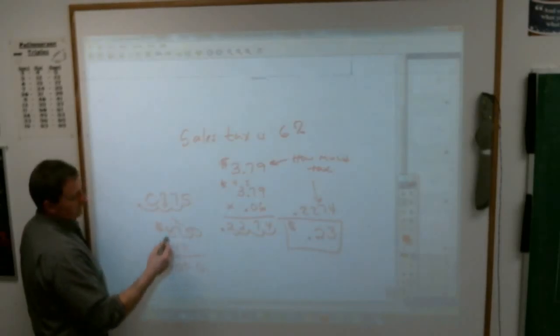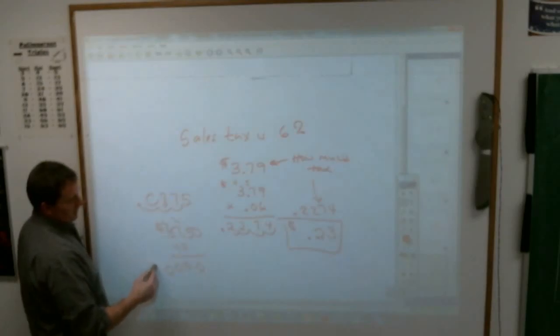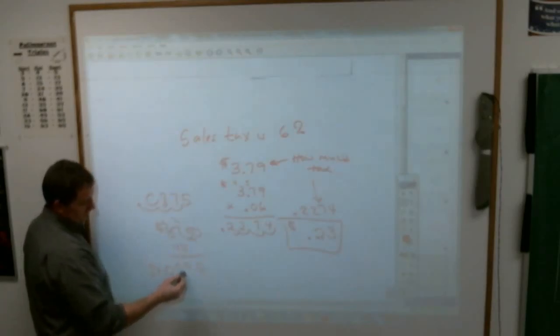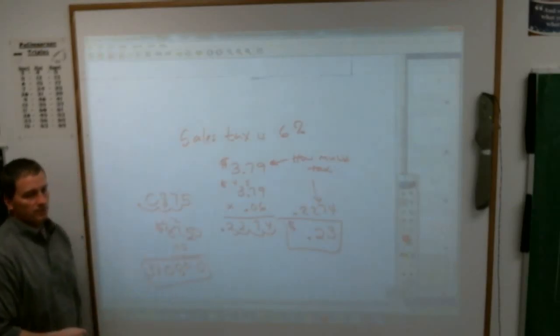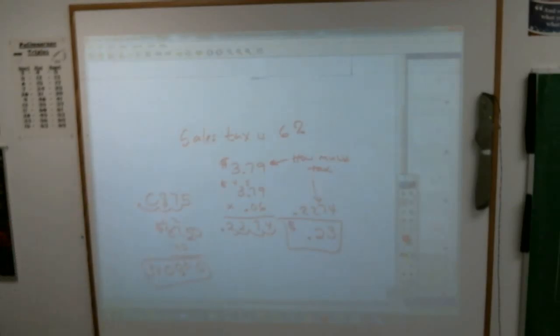Oh, look, it works out. 28, 2, 4, 32, 34. How many decimals? 2. You have to pay on a $40,000 car $3,400 just in tax.